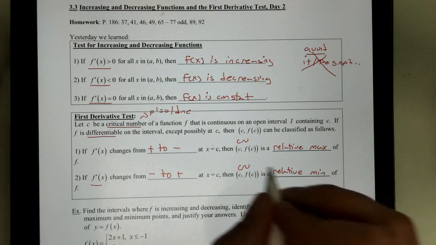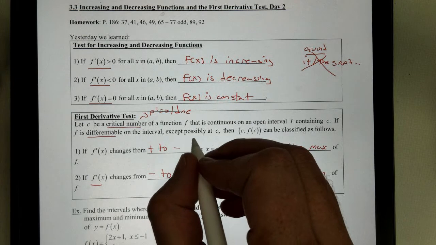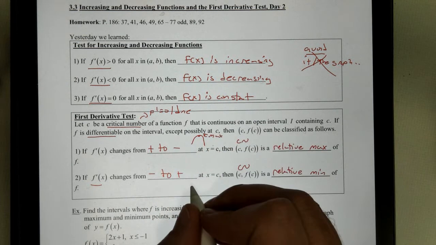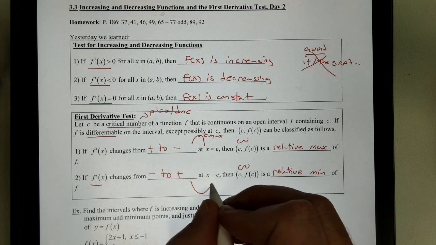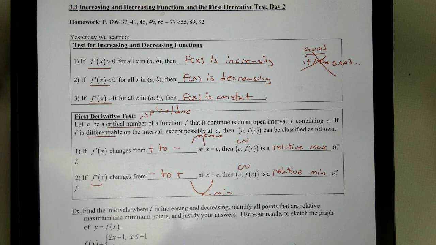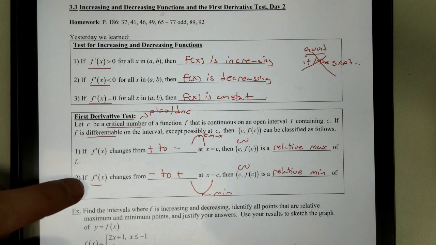In other words, if our slope goes from positive to negative, we have a maximum value, and if the slope goes from negative to positive, we have a minimum value at that critical number. Very easy to do.